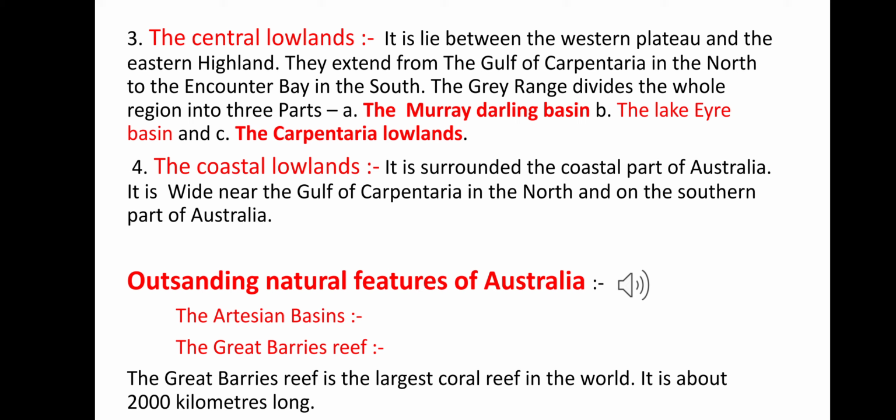The geographical features of the other parts of Oceania are as follows. Tasmania is an island located southeast of Australia. It is mountainous and surrounded by a coastal plain. Next is New Zealand. New Zealand is a mountainous country.